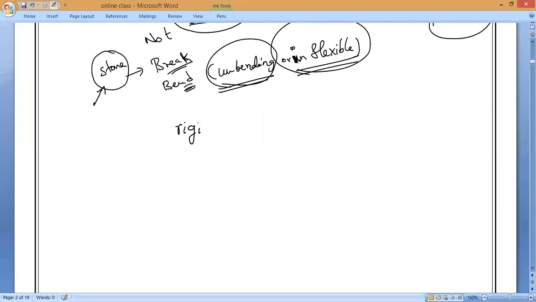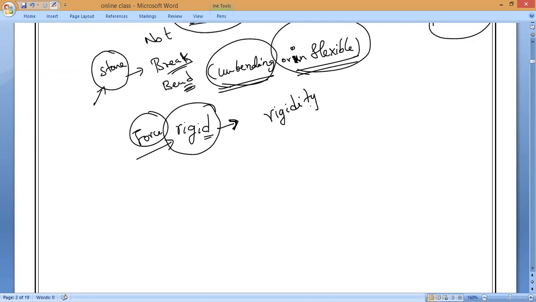Even when I'm trying to apply force from the outside, still the shape of the object is not changing, that object is called a rigid object.